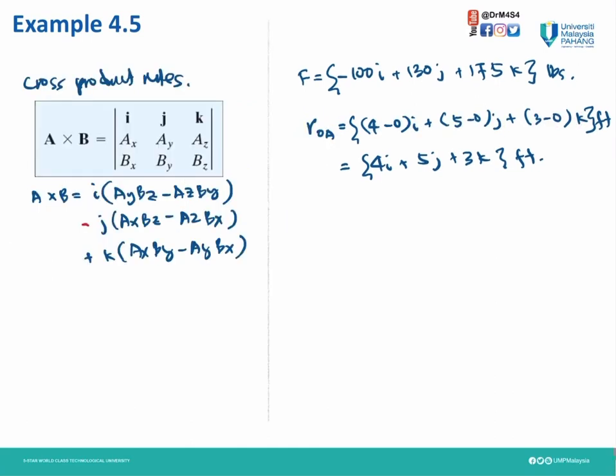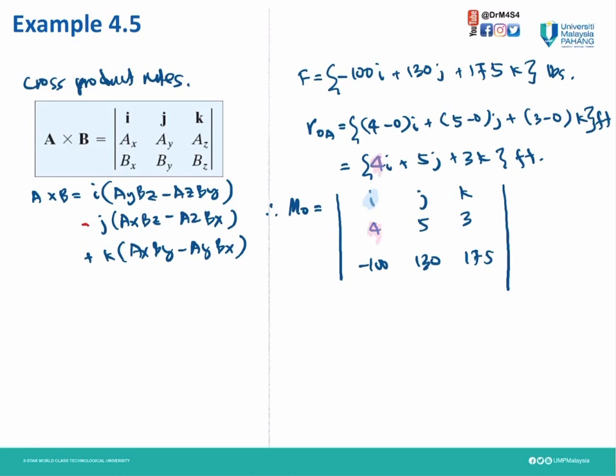Then we need to do the cross product between ROA and F. Remember this form? So find what is on I. For ROA, 4. Then for F is negative 100.